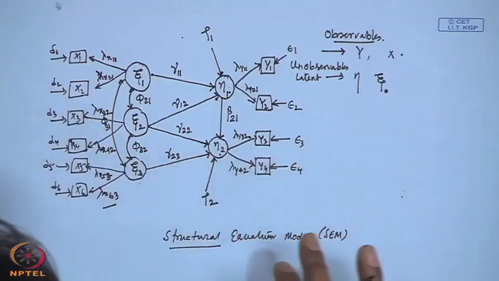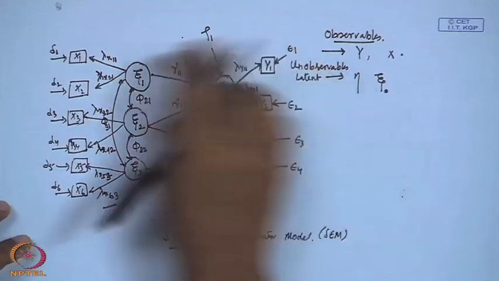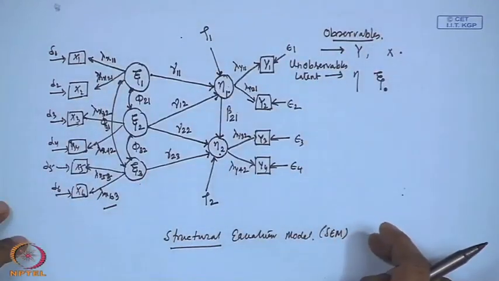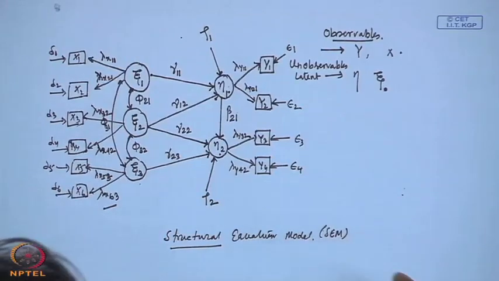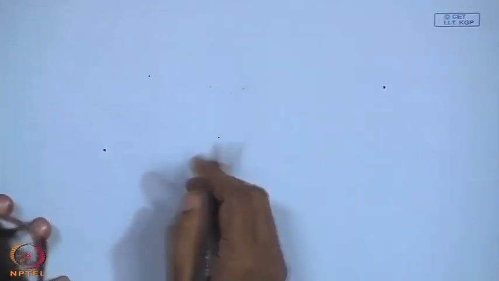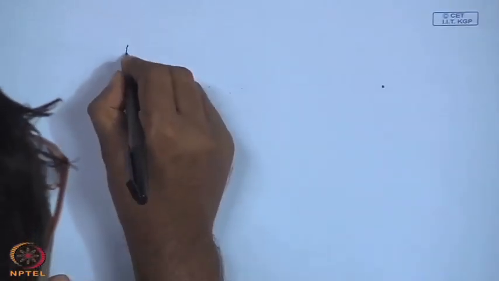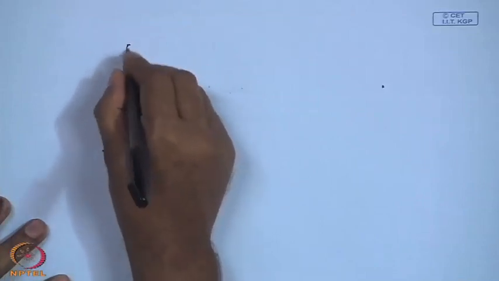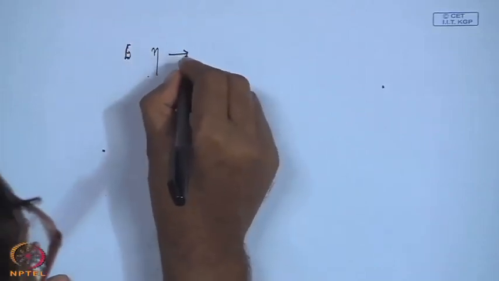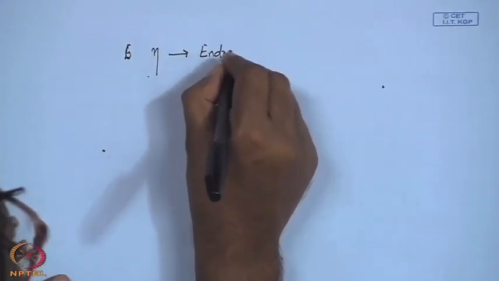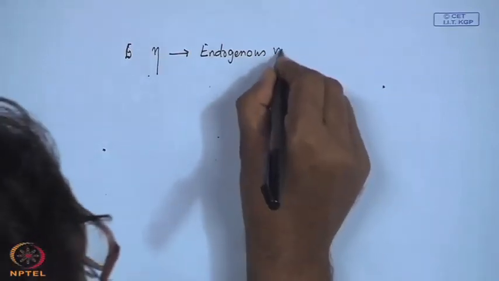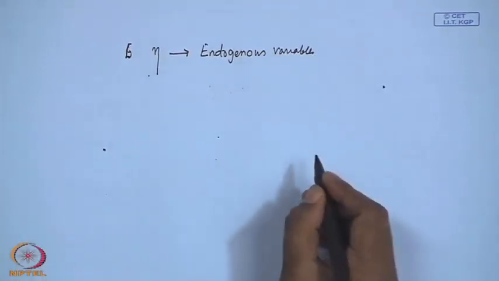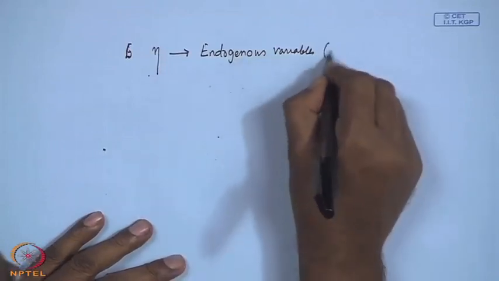Now, how to estimate this is a big issue, and we will be describing all these things later on. But here, with this structure, I want to give you some names of the variables. In structural equation modeling, we will use terms like this: all eta will be termed as endogenous variables. It is basically dependent latent.